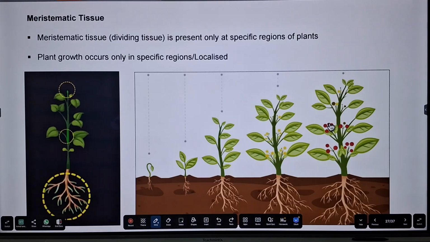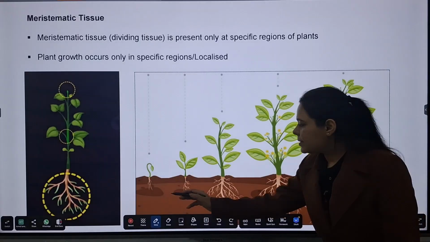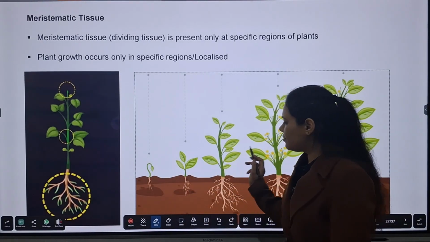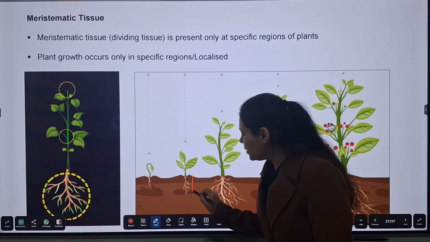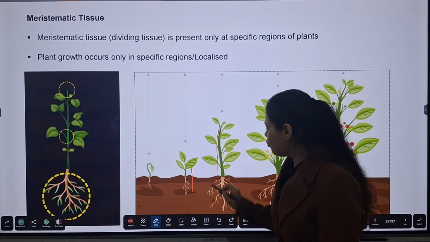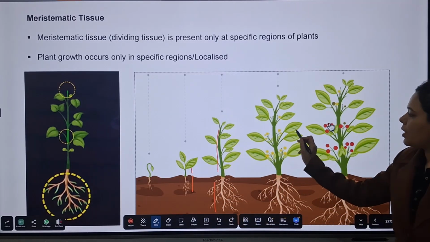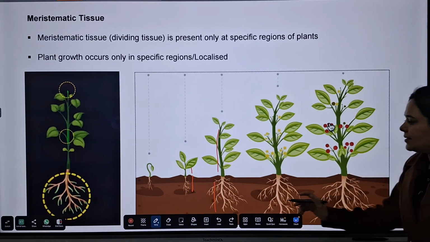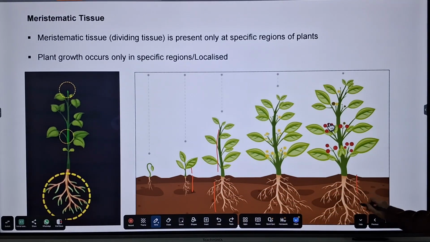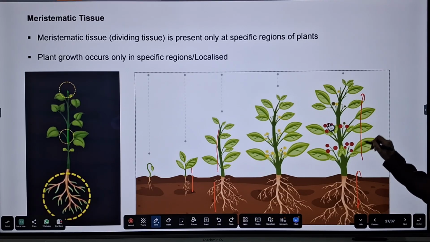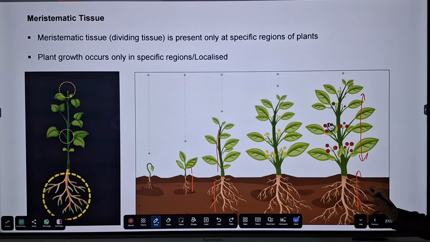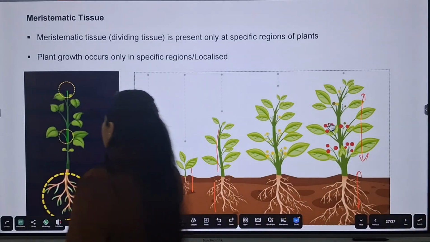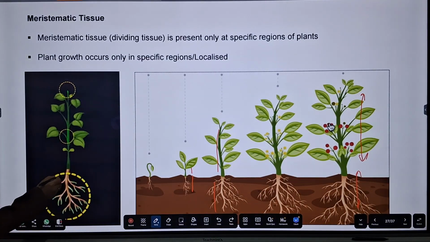Now, if we look at plants, this is the slide showing growth in plants. In case of plants, root and stem show more growth compared to other parts of the plant. So growth is not uniform. As the plant grows, some parts show more growth compared to other parts. They are not growing at the same rate. And this is because of the localization of meristematic tissue.